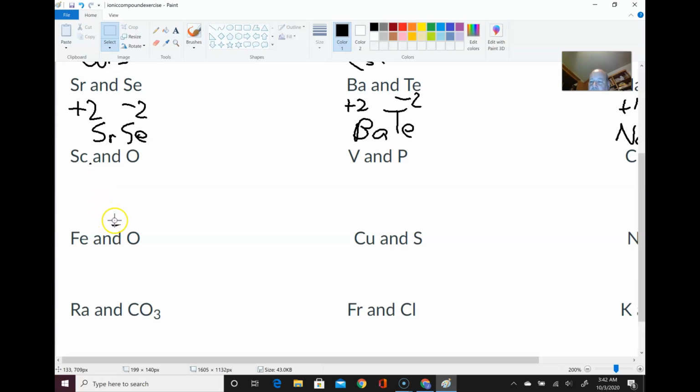Okay, so we have scandium and oxygen, and scandium's our first one of these where we've got a transition element. So we go to our transition table. We don't find this in an A column, we find it in a B column. We go to our transition table and find out that scandium always has a +3 charge.